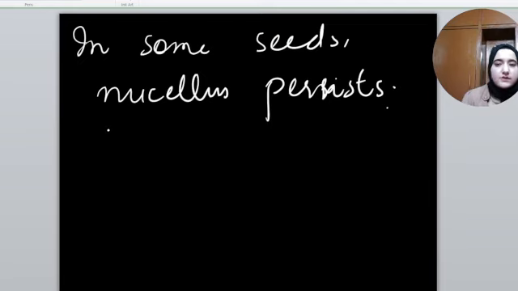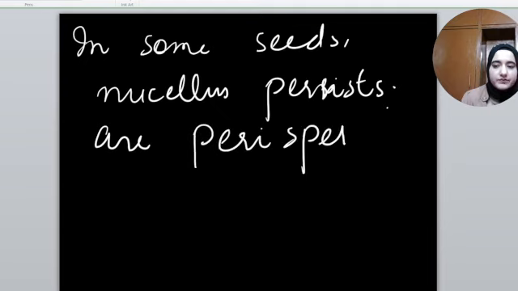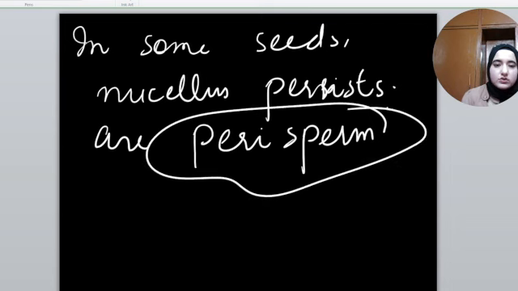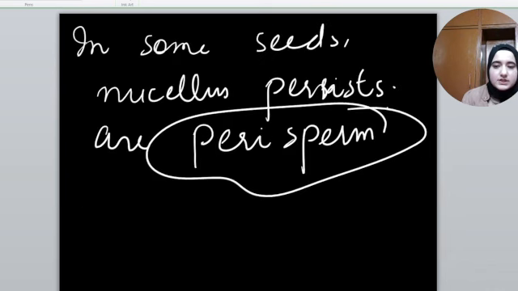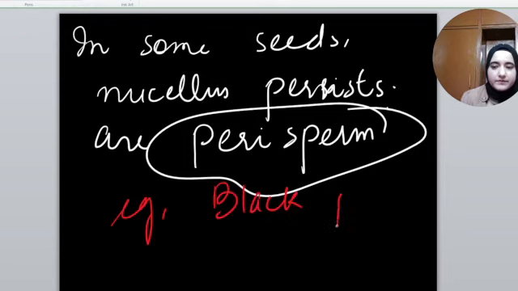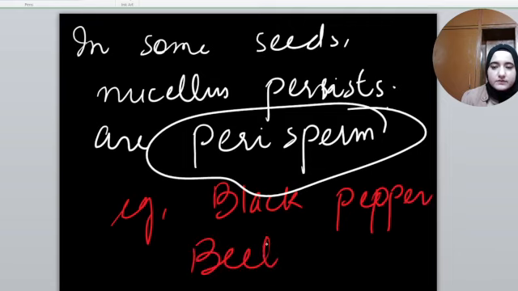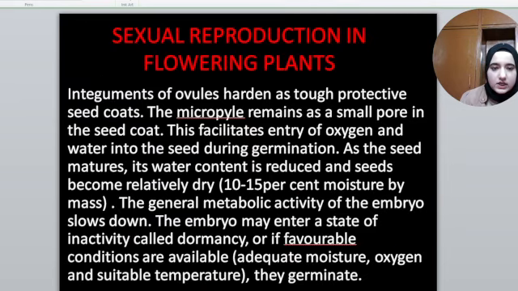Those seeds in which nucellus persists are known as perisperm. Examples are black pepper and beet. I hope this concept is clear, right?